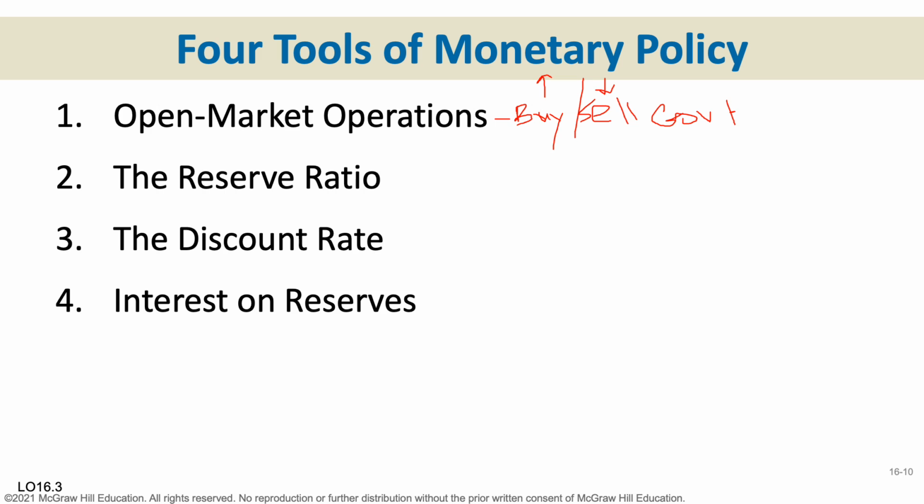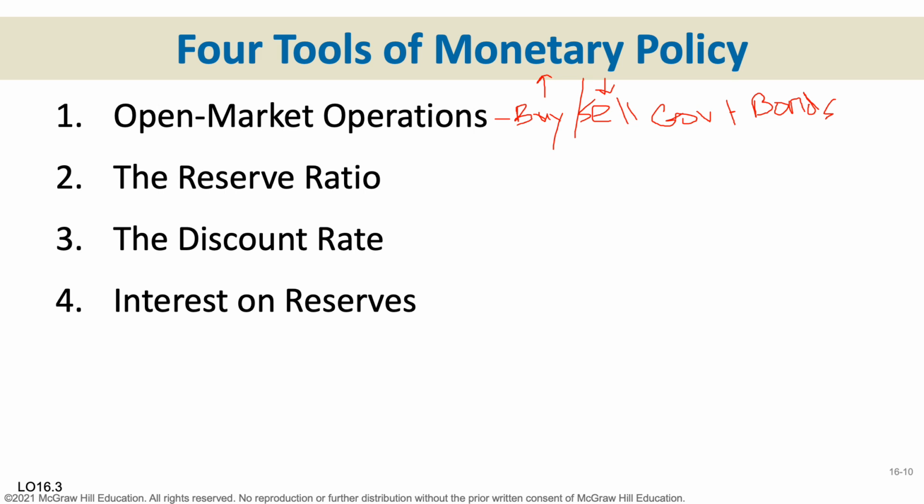Do you remember back 2 chapters ago, we talked about the Open Market Operations Committee? There was a committee of 12 people. All 7 of the Board of Governors are on that committee. And then 5 of the 12 bank presidents also serve on that committee. The New York district president is always on the committee because open market operations are carried out in New York.